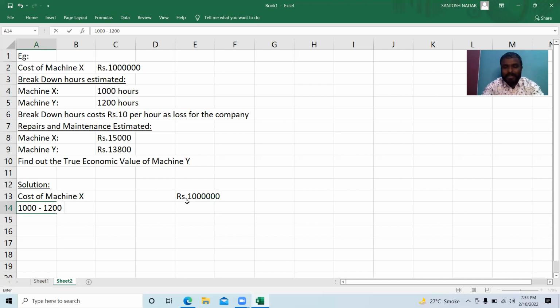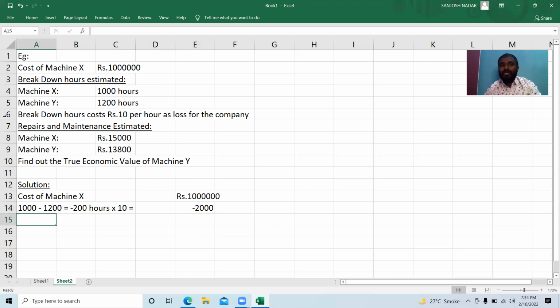We are expecting 200 hours more machine breakdown as compared to X, and each hour will cost you 10 rupees. That means the customer is going to suffer a loss of rupees 2000 if he purchases my machine. So I will deduct that much amount from my machine cost.